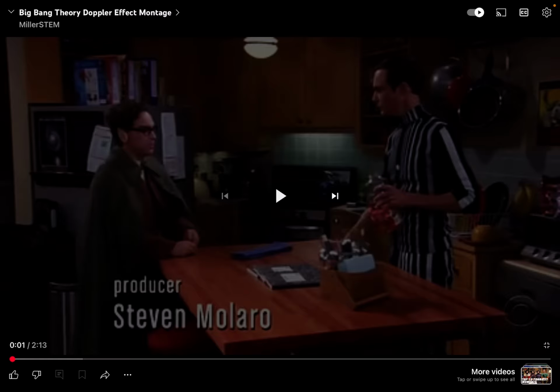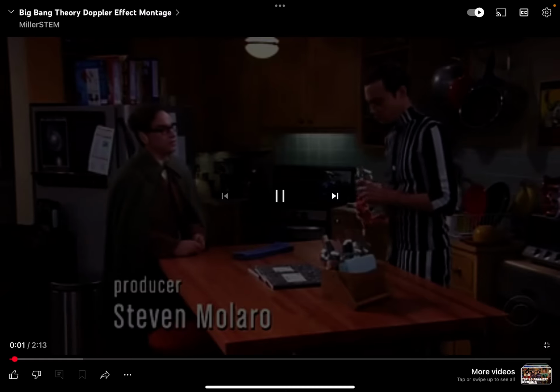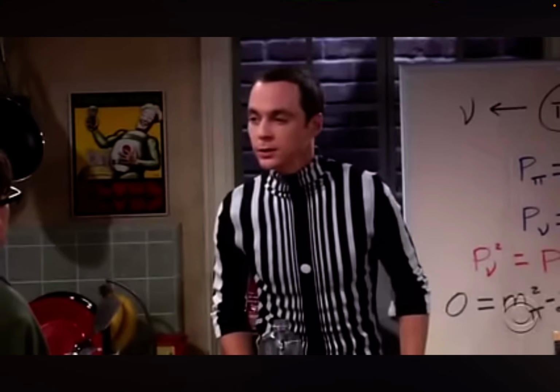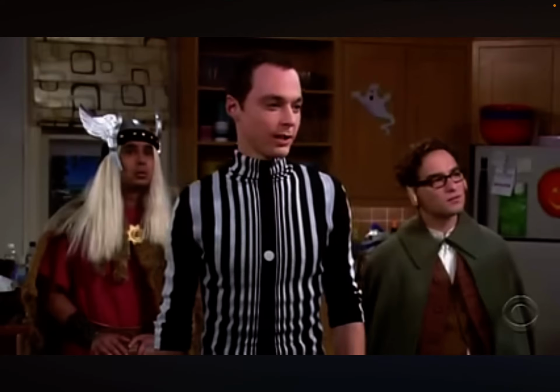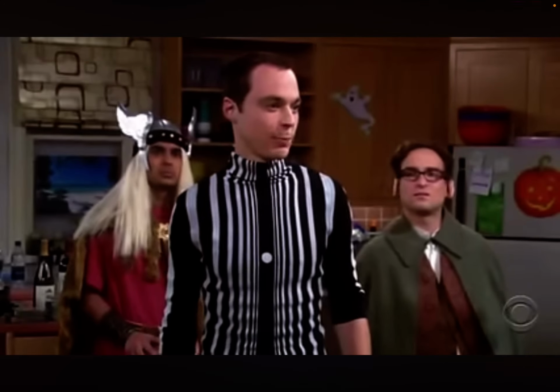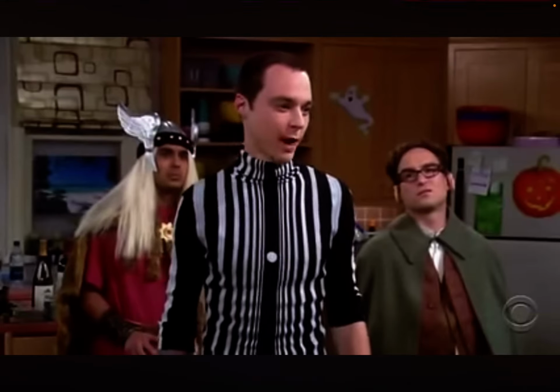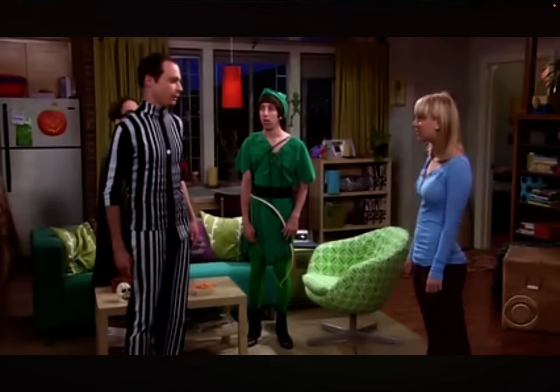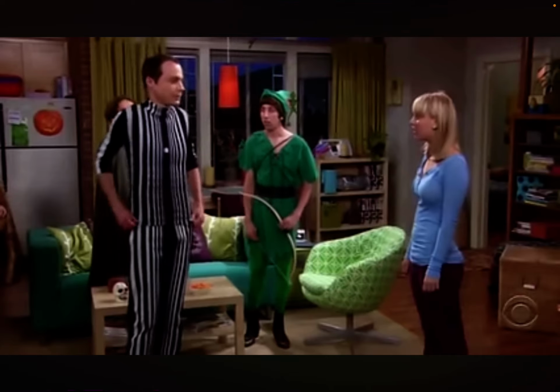Not before we go to the party. I don't care if anybody gets it. I'm going as the Doppler effect. No, it's not. If I have to, I can demonstrate. So what time does the costume parade start? The parade? Yeah, so the judges can give out the prizes for best costume. You know, most frightening, most authentic, most accurate visualization of a scientific principle.